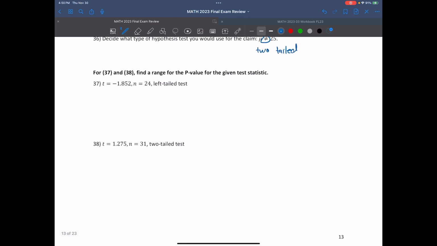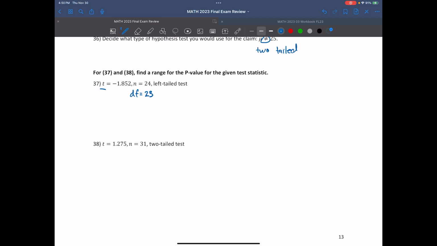In 37 and 38, we're going to be looking for the range of p-values for a given test statistic. Notice that this is a t-score, not a z-score. So n is equal to 24, so the degree of freedom is one less, 23.